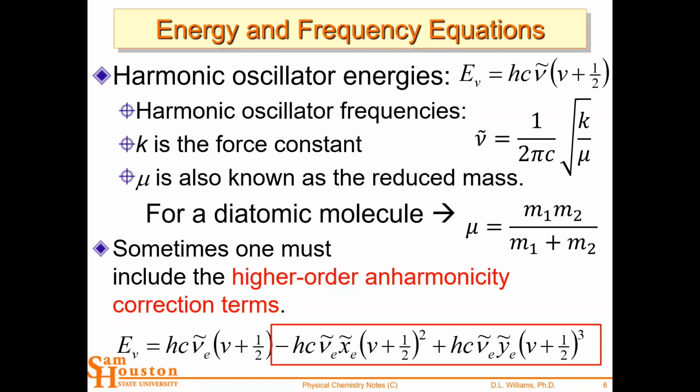You can see that the energy is linear in quantum number, and we adjust that because it's too high. We want to decrease those energy levels, so we subtract a quadratic term. So we have hc nu, and we add in an anharmonicity constant, which we don't know. We just fit it to the energy levels, and that fit depends upon the quantum number squared.